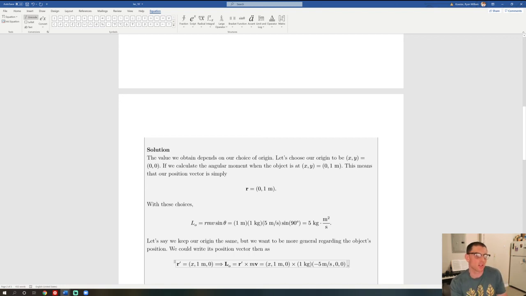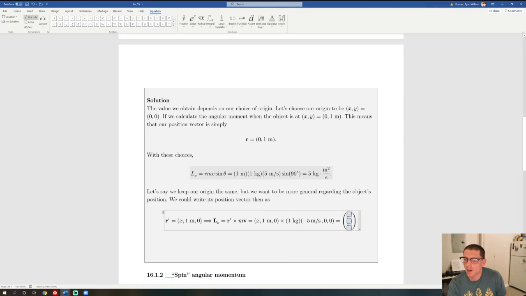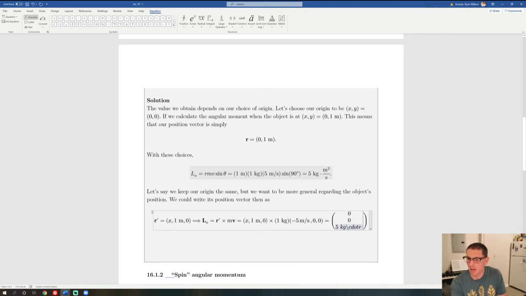But what you should find is the result is going to be a vector. Let me write this as a column vector maybe, where the x component is 0, the y component is 0, and the z component is again 5 kilograms meter per second squared.